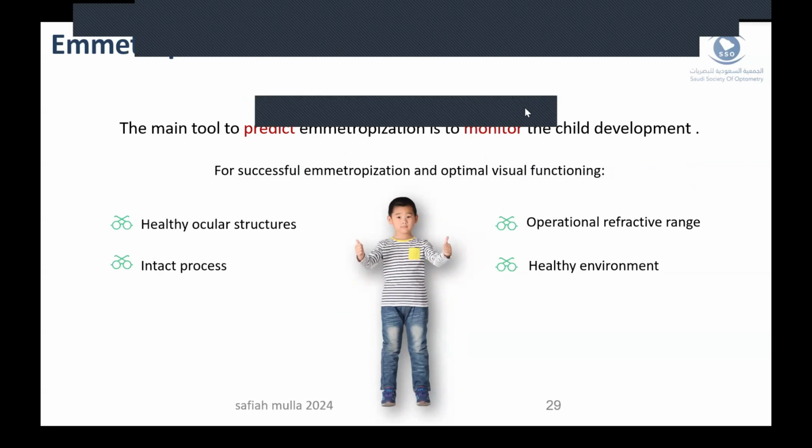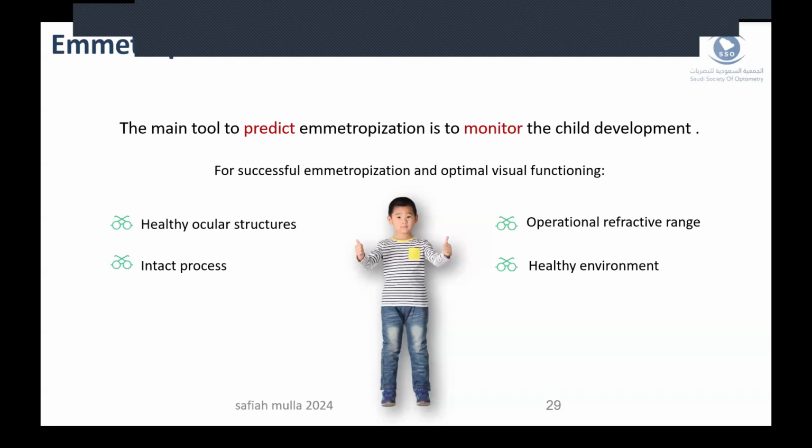Now, the main tool to predict emmetropisation is to monitor the child's development. We cannot predict, as we said, whether it's going to be hyperopic or myopic, worse or less. We cannot predict this. We just follow the development of the child and direct the development toward the correct way so that we get a successful emmetropisation. For a successful emmetropisation, we need a healthy ocular structure for the child.